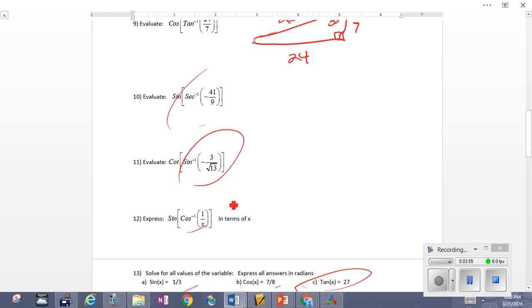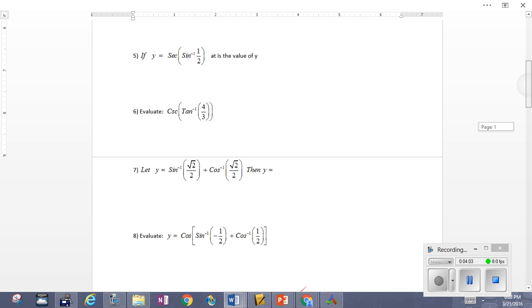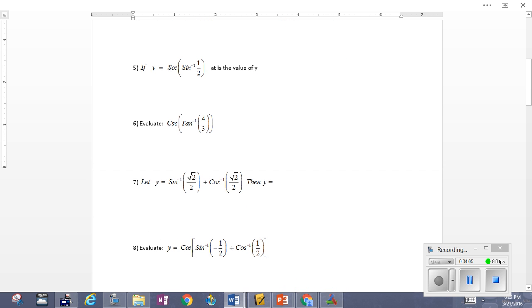This is a similar approach, but more algebraically speaking. So all expressions will be in terms of x. These are values, and you know the inverse sine of root 2 over 2 is pi over 4, remember, because the inverse trig functions are one-to-one.